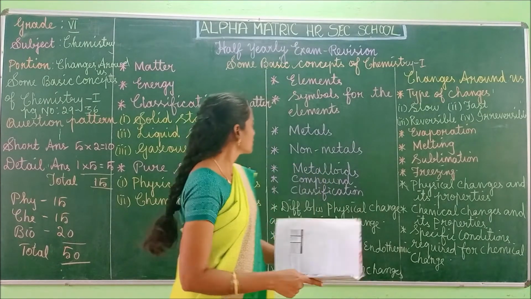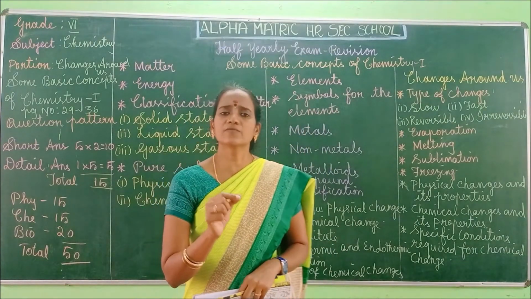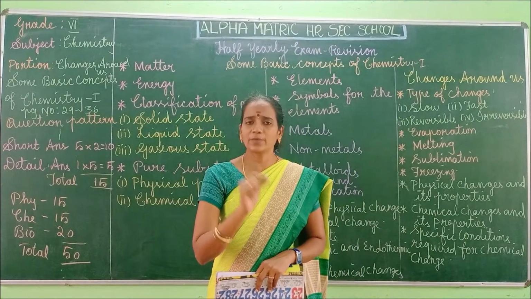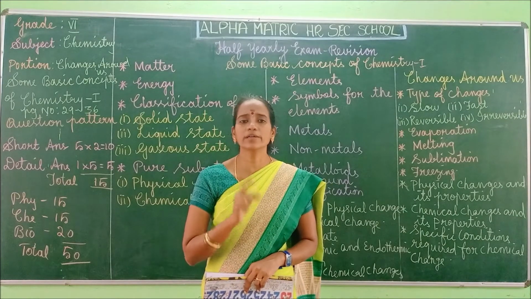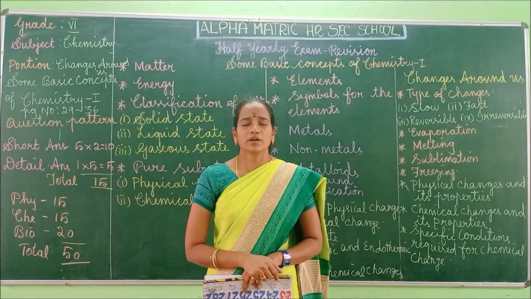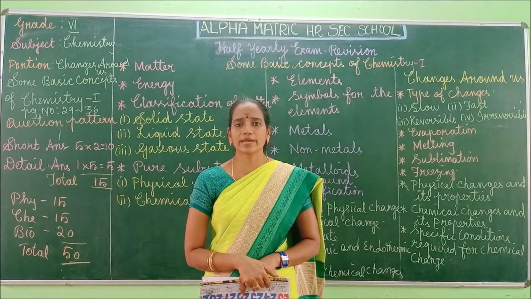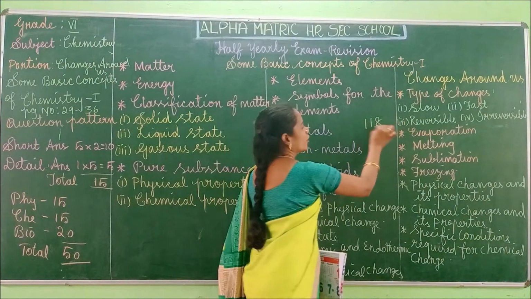Next, come to the symbol. Symbol means what? A symbol stands for some meaning. The name of an element can be represented in a shortened form called a symbol. Nearly 118 elements are known today in chemistry, and 118 elements are present in the periodic table.